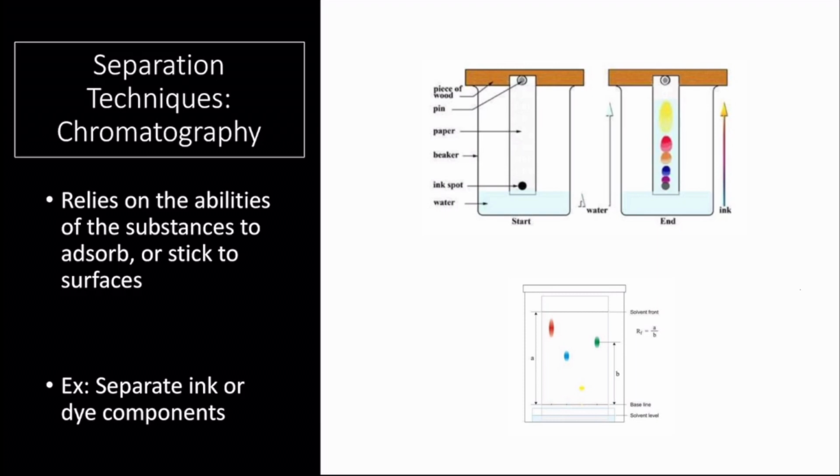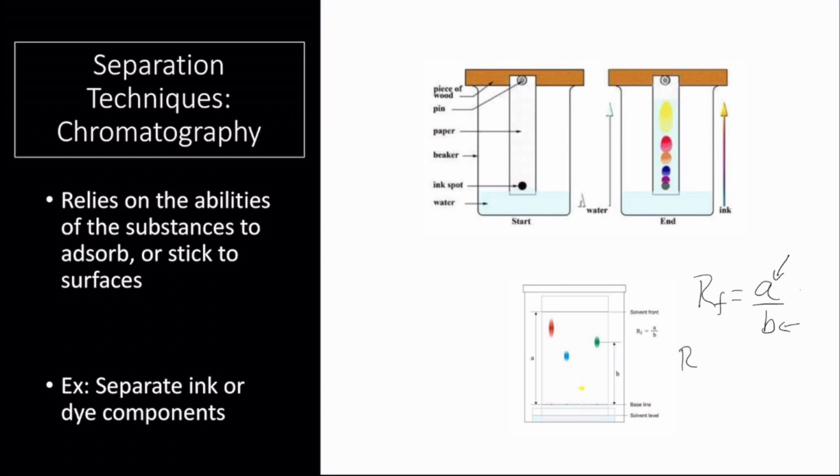As a result, we can come up with an RF ratio, which is A over B, and A is the distance of how far the solvent moves, in this case water, and B is how far the ink component moves.